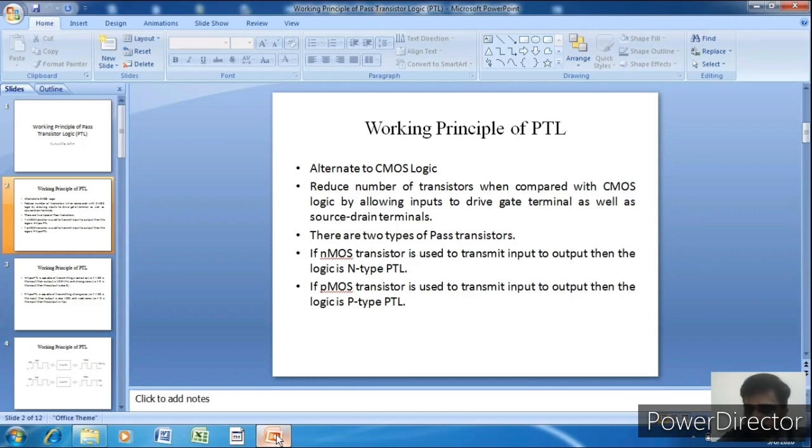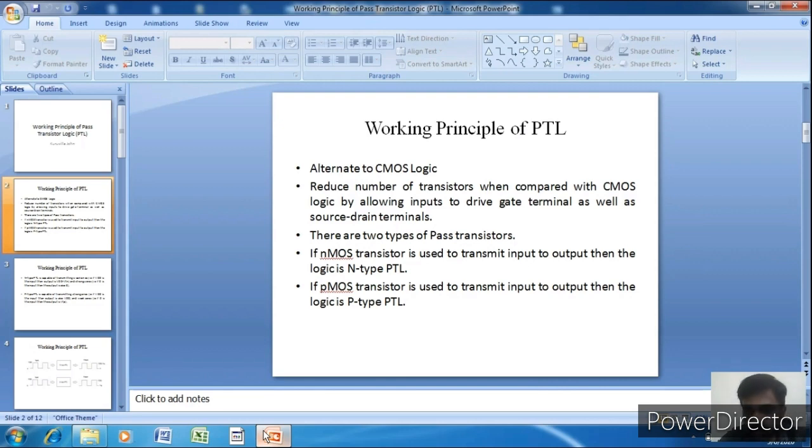So when we compare the two logics, we can see that in the case of pass transistor logic, only one type of MOSFET is present, and as a result, the area will be less for this pass transistor logic, and thereby we can reduce the power consumption also when we compare with that of CMOS logic.